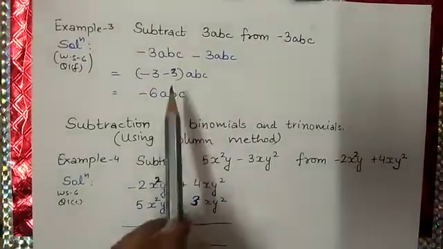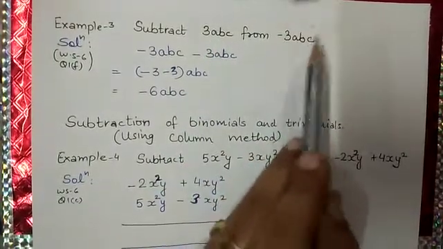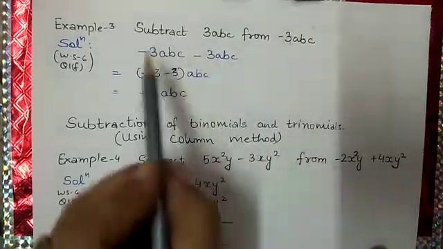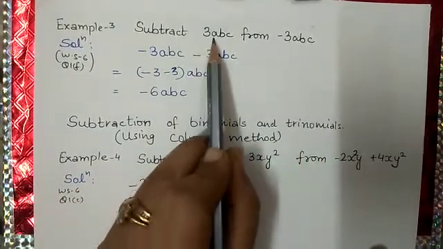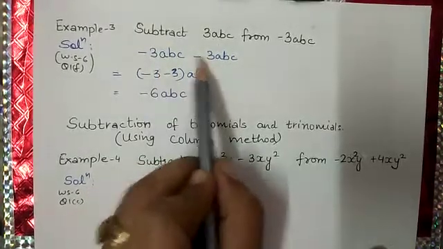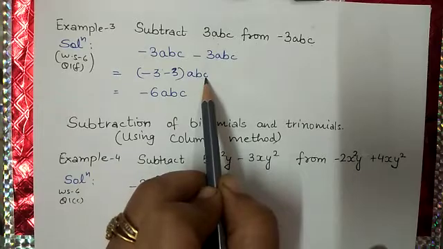Now, subtract 3abc from minus 3abc. After from we are given minus 3abc. So write it first and subtract minus 3abc. Clear? Now both of the terms have the same sign. First of all, take the variable part common.